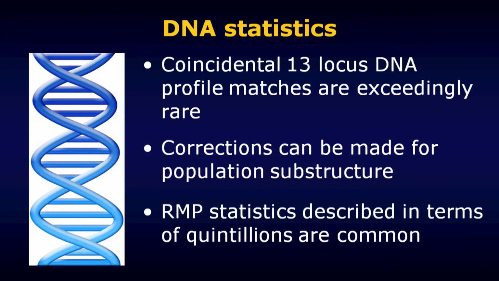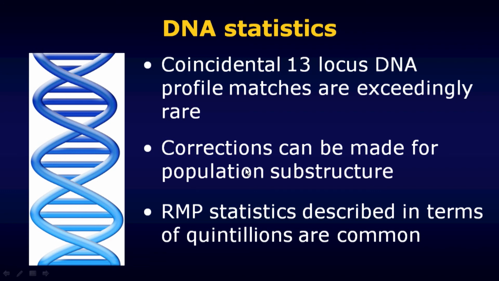In short, I can talk with you in some depth, if we want to get into those details in some subsequent video, about a theta correction that can take into account the fact that there are some dependencies. But for all intents and purposes, those theta corrections and the corrections that are used to account for population substructure, if and when they're found, tend to have relatively little effect on the overall bottom line number.